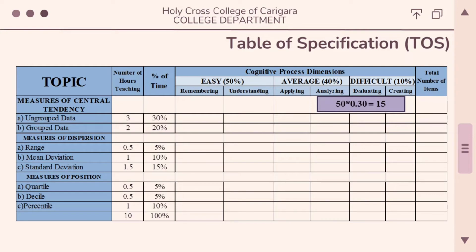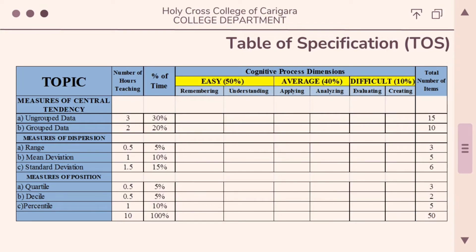Use the same formula for the next topics, and it should be a total of 50 items. Note that there are instances wherein we see discrepancies in the number of items due to the decimals. So what we are going to do is just adjust. Choose on which topic we are going to add 1 or 2 item questions.